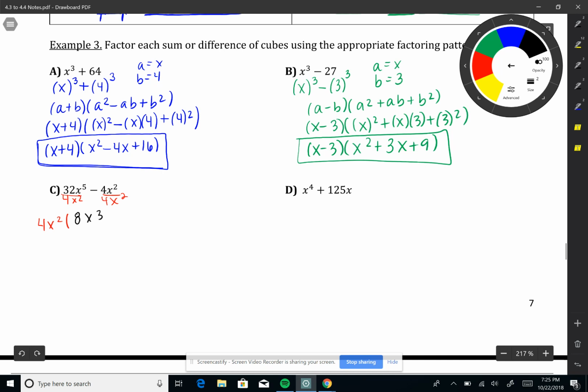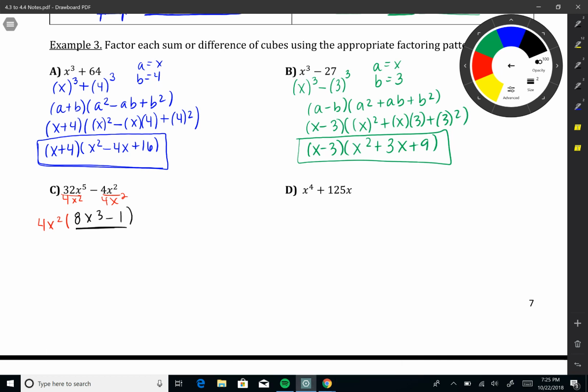And then 4x squared divided by itself is just 1. So then I'm left with 4x squared times 8x cubed minus 1. And what I'm left with inside my parentheses is another difference of cubes. Now this 4x squared has to stay out front. So every time I do something, I'm going to keep that out front. So I'm just going to write that right now.